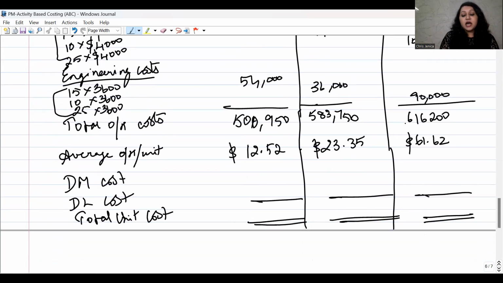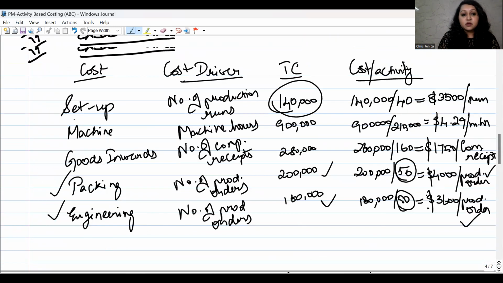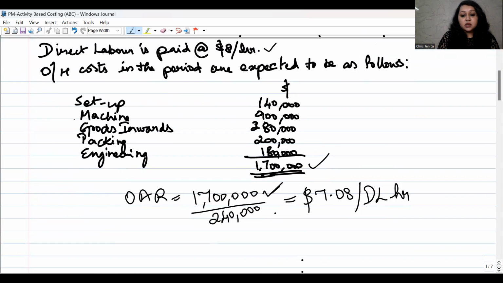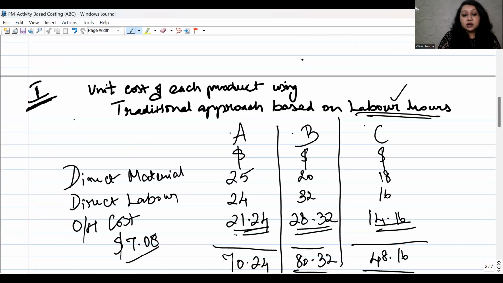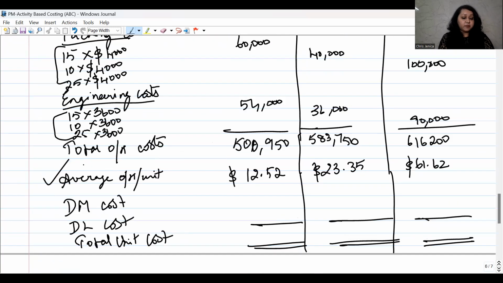Now we have absorbed our average overhead cost into each and every product. So this is the average overhead cost per unit. Now we will bring forward our direct material cost and direct labor cost. So what was it? Same thing, whatever we had taken there. So direct material cost and direct labor cost, we will take the same cost, 25, 20 and 18 for A, B, C, that is direct material and direct labor cost.